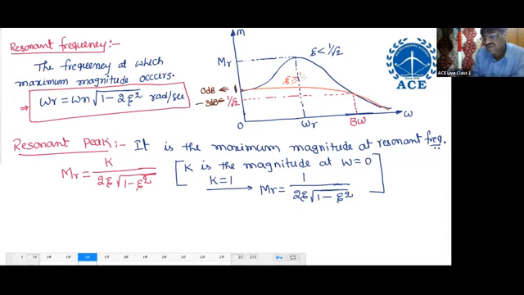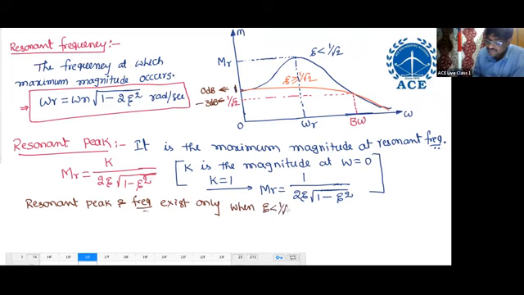So there is no resonant peak at all, and the resonant frequency becomes 0. Resonant peak and frequency exist only when zeta is less than 1 by root 2. If zeta is greater than or equal to 1 by root 2, there is no resonant peak and resonant frequency.